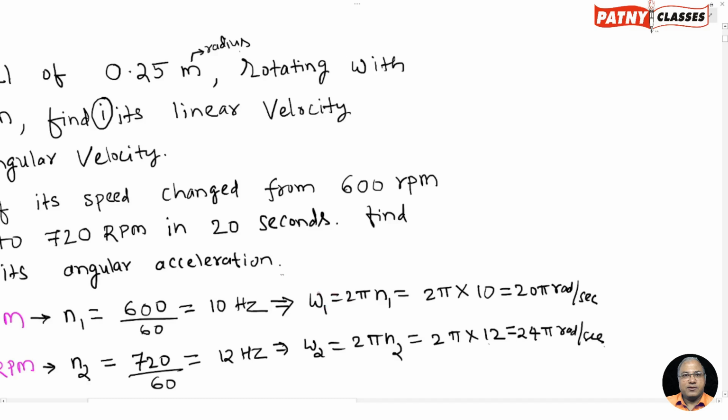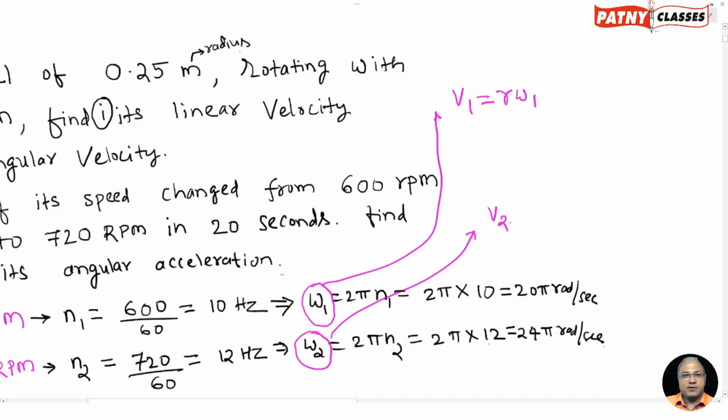So we can find the linear velocity v1 for omega 1 and linear velocity v2 for omega 2. v1 is given by r omega 1 and v2 is given by r omega 2. That is, r is 0.25 meter and omega 1 is 20 pi radians per second.